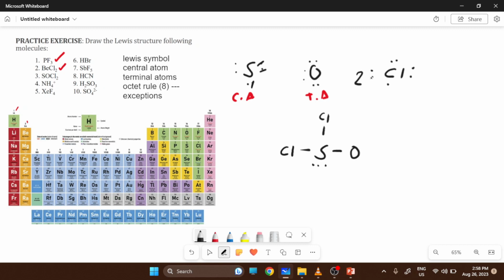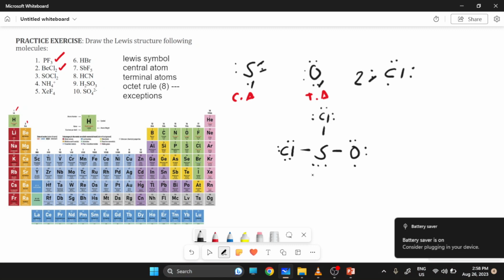For the chlorine, after bonding to one, it has 6. And for the oxygen, after bonding to one, 5 remain. Usually, when it's like this, it's not stable. Remember that when you draw a Lewis dot structure, you should always have a lone pair to be more stable. I'll discuss that in valence shell electron pair repulsion theory in the next video.